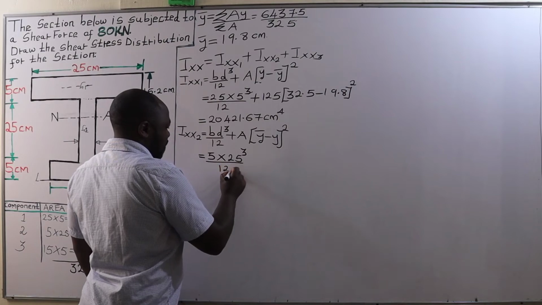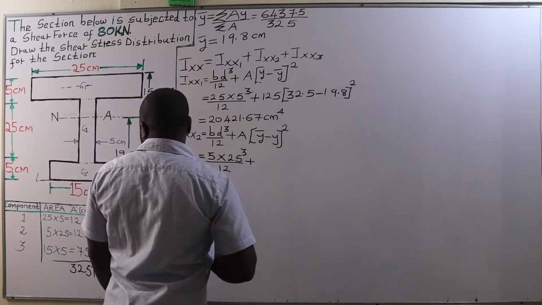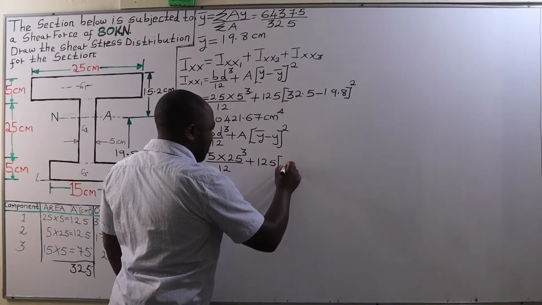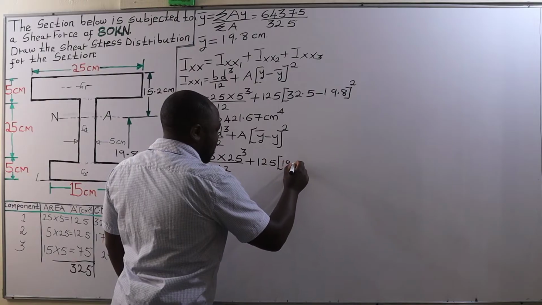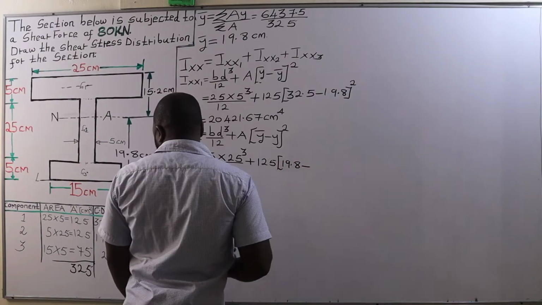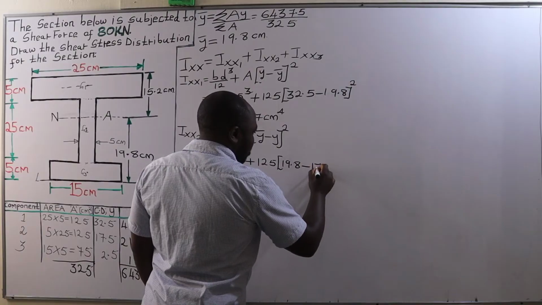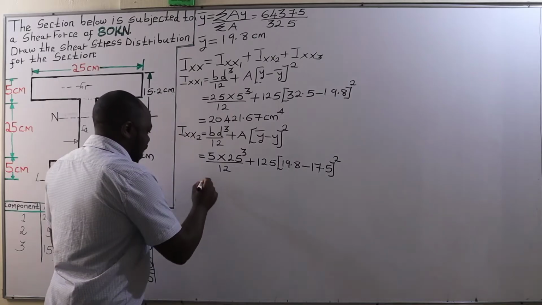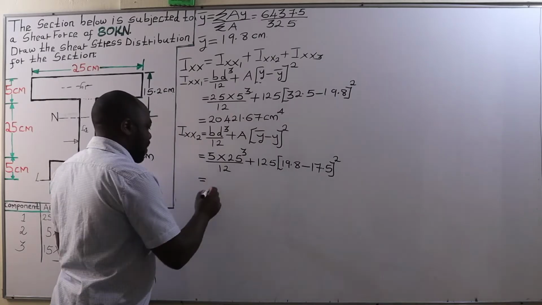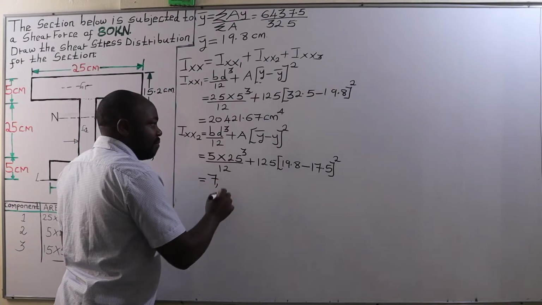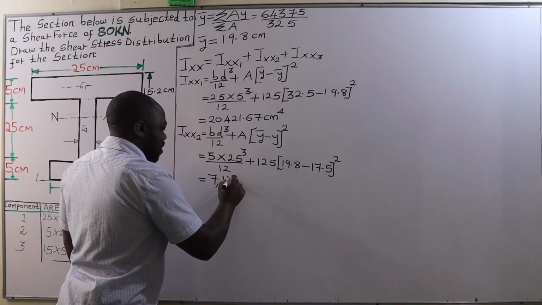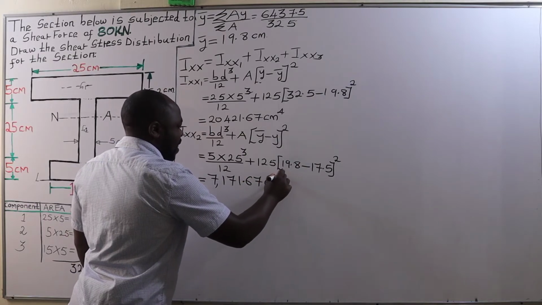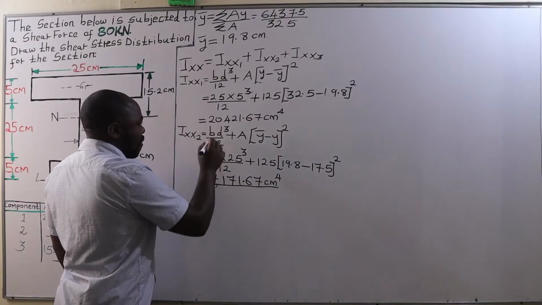Divide this by 12 plus the area of the web, which is 125 square centimeters, by bar y is 19.8 and y is 17.5, and then we square that. This is going to give us 7,171.67 centimeters raised to the power of 4.